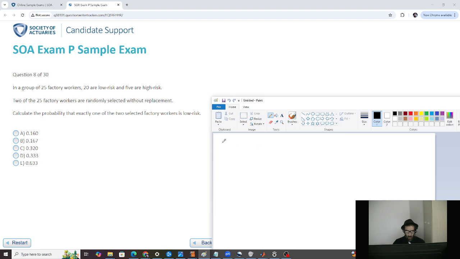Yeah. Probability that the first person is low risk is 0.8. Probability that the second person is high risk is 5 out of 24. And there are 2 ways that can happen. 5 times 2 is 10, times 0.8 is 8. 8 over 24 is a third.